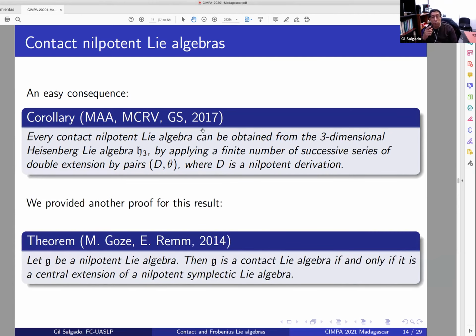And as a byproduct of this work, we can give an alternative proof for this known result of Professor Goze and Remm: among the nilpotent Lie algebras, the contact Lie algebras are exactly the central extensions of nilpotent symplectic Lie algebras.